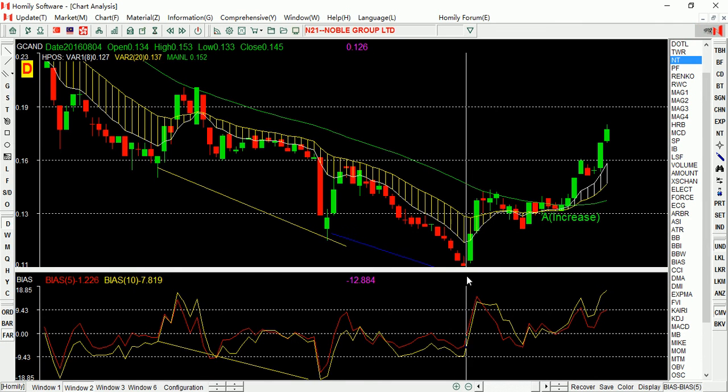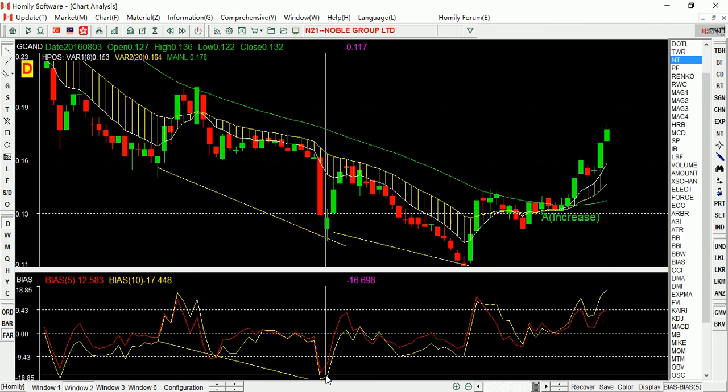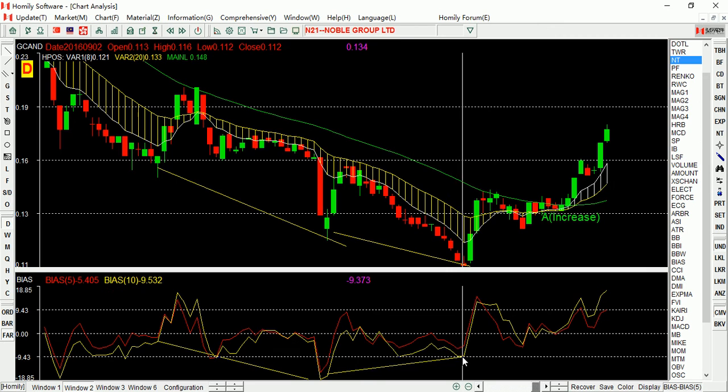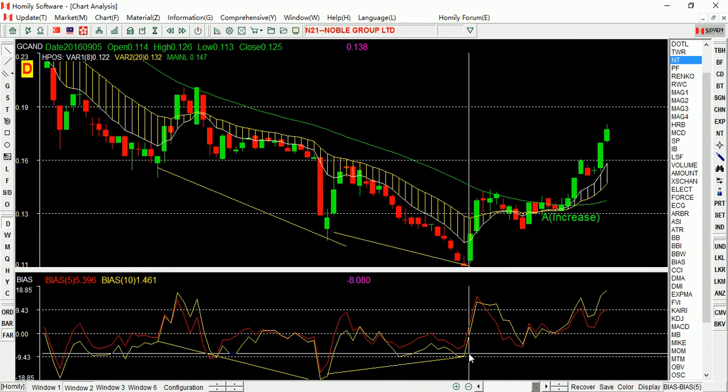The price still dropped, but the BIAS go up. This is the bottom deviation. You know that. So we can use BIAS to judge whether the price is in bottom deviation or top deviation. So we know that have chance to catch some rebound.